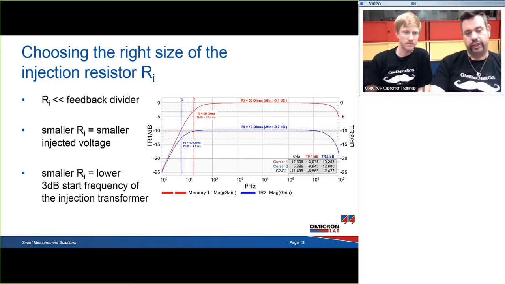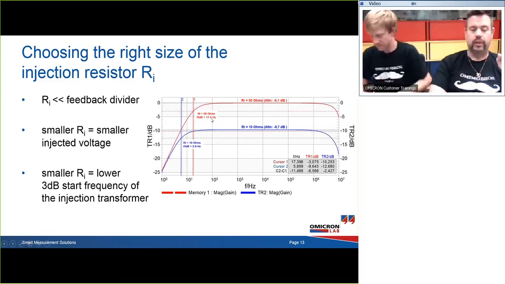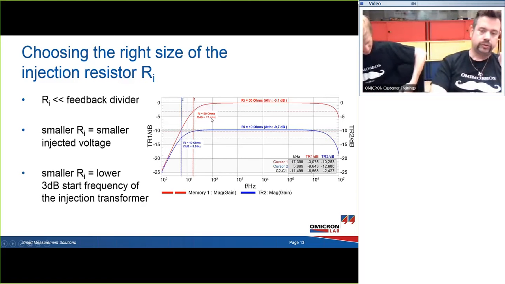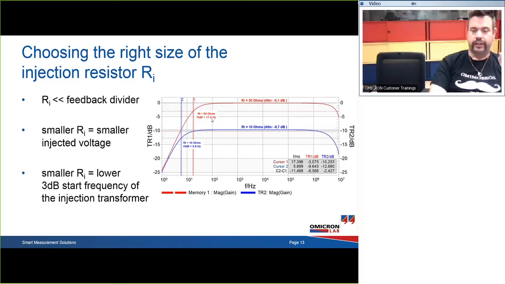Further on, a small injection resistor has also the advantage that the 3 dB lower bandwidth of the transformer comes down. We can see here, for example, the 3 dB bandwidth for 50 ohms is 17.4 hertz with our injection transformer, and for 10 ohms it's 5.9 hertz.